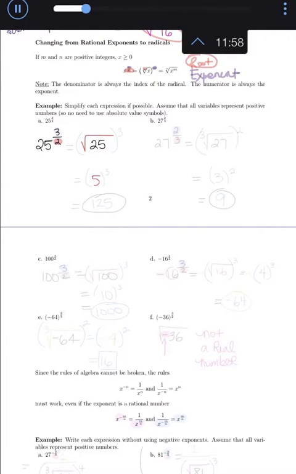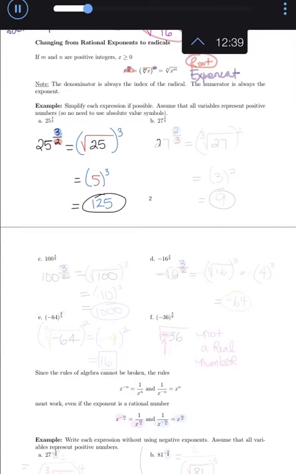I can't forget that I had a 3 on top, so I need to take what I got and cube it. 5 cubed is 125, because it's 5 times 5 times 5. The 2 on the bottom meant we took the square root, which gave us 5. The 3 on the top meant we cube the 5, which gives us 125.